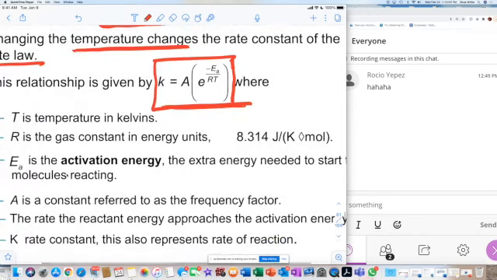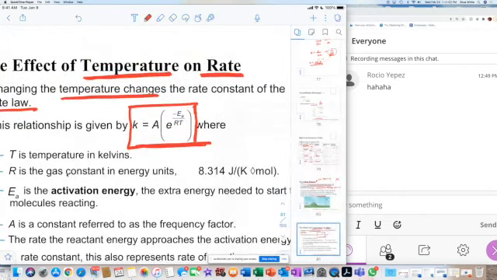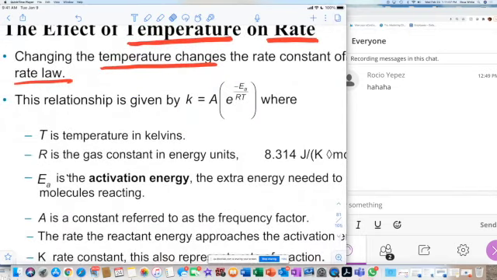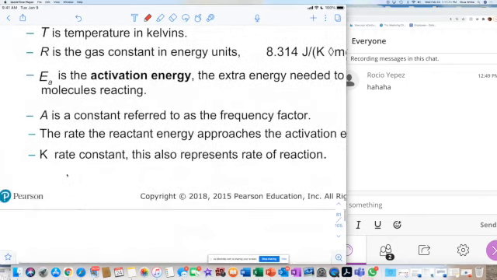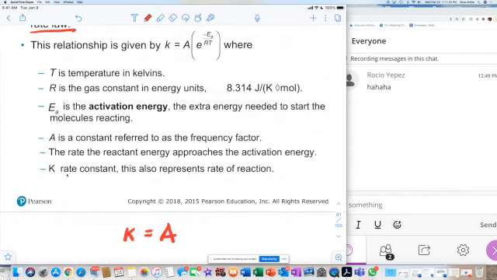So don't panic about the equation, because I told you guys that chemists have a knack for linearizing everything they can linearize because it makes it easier for them, and I am very grateful for that attitude. But essentially, I want to rewrite this. This is the rate constant that we're used to, k, equal to A, the frequency factor, and we'll talk about that, times e, the natural log base, raised to the power of negative activation energy over RT.